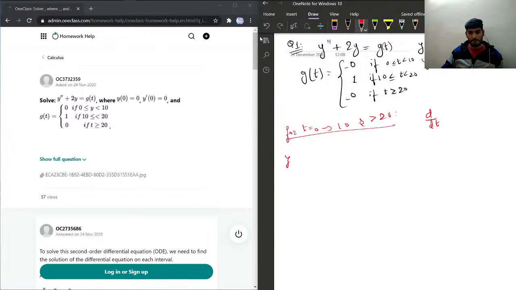so y double prime will be d square y by dt square, and my y will be just y only. So I'll just write the differential equation, y double prime plus 2y equal to 0.